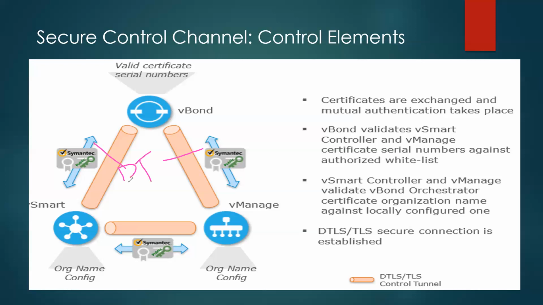So vBond to vSmart and vBond to vManage is always a DTLS connection, right? Yeah, here you have an option. Okay, but we are always using TLS between vSmart and vManage. Yes, in most cases, most organizations use TLS. But you have the option. You can use DTLS, you can use TLS.